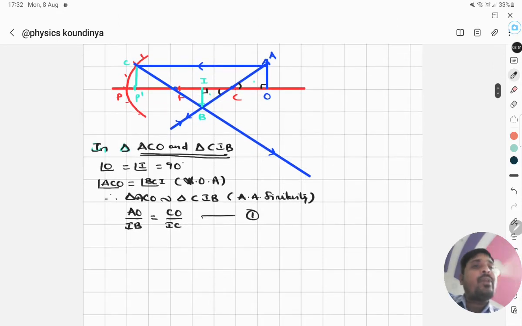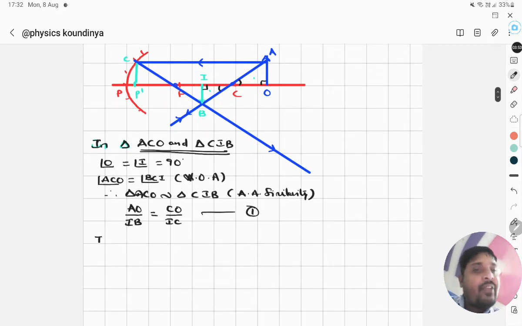Now we are going to compare another pair of triangles. In triangle CP dash F and triangle FIB, this triangle and this triangle we are comparing now. Now we can say angle P dash and angle I both are 90.